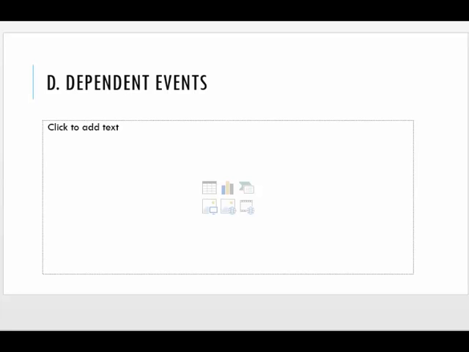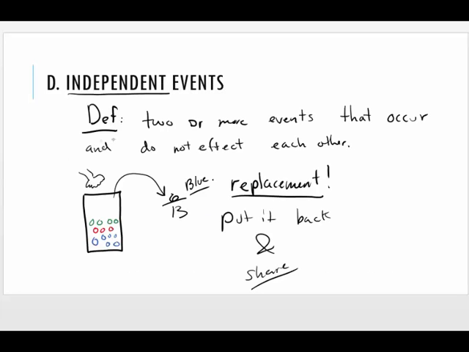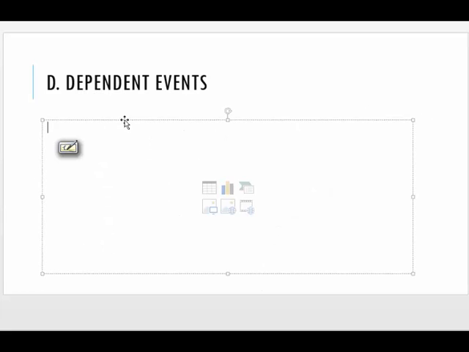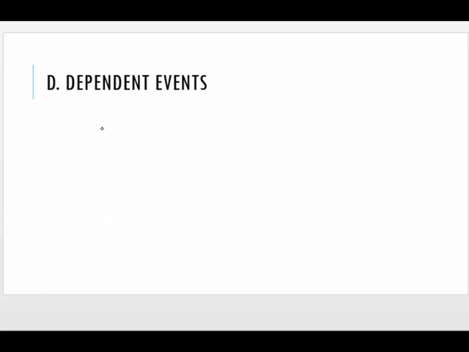So that's independent events. I kind of just described what dependent events are. They depend on the previous event that happened. Okay? So, I'll go ahead and stay consistent with my slide, and I'll say the definition of a dependent event.